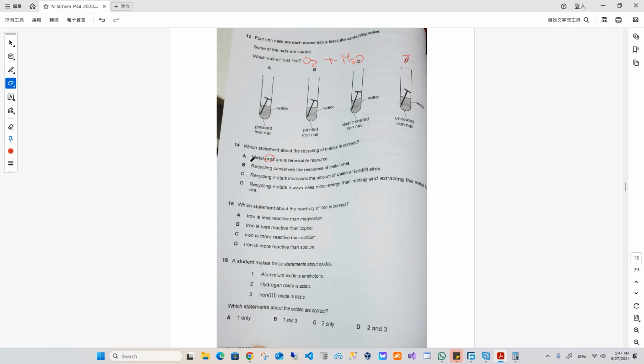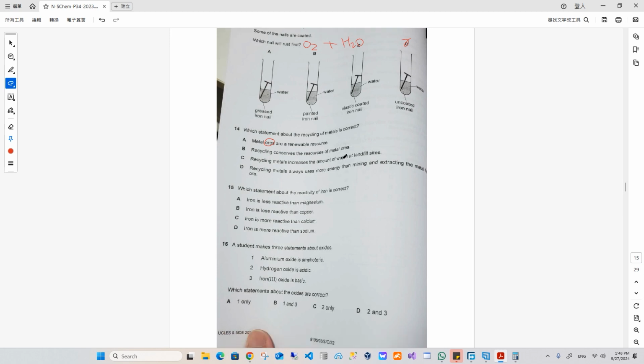This is weird, so I don't choose it when I don't have to. Recycling conserves the resources of metal ore. After you throw away metal in the dustbin, you use the metal again, so I can exploit less. Somehow it should be okay, slightly better. Give a small tick for that.